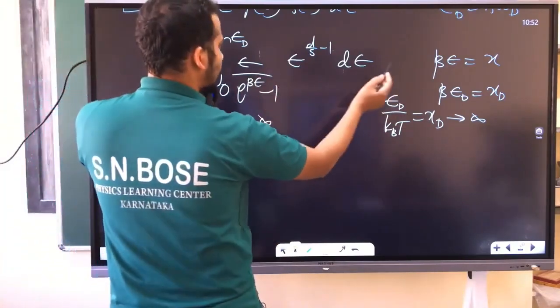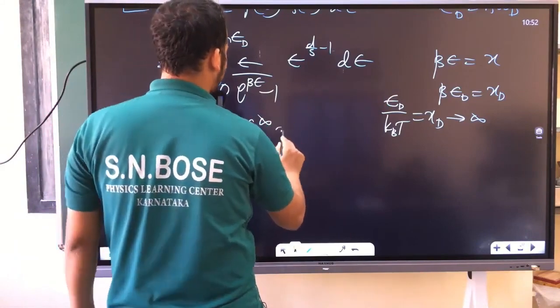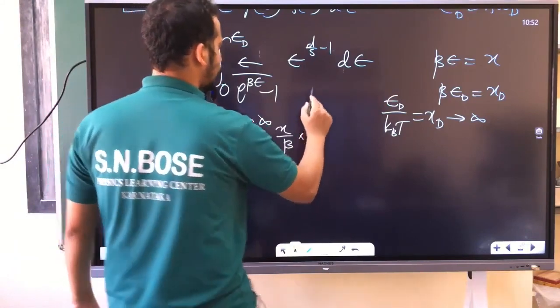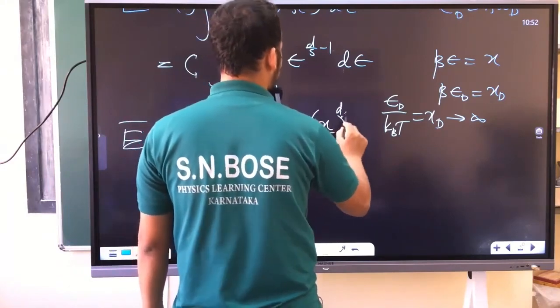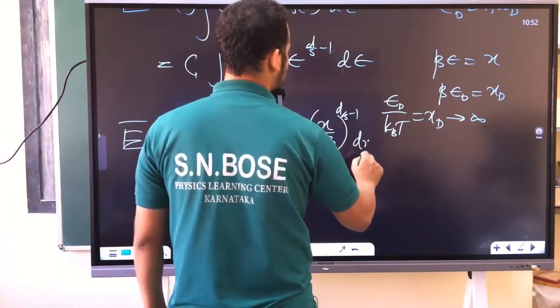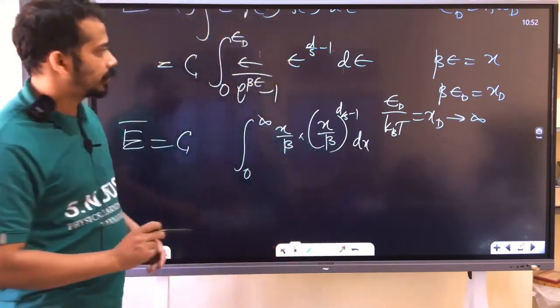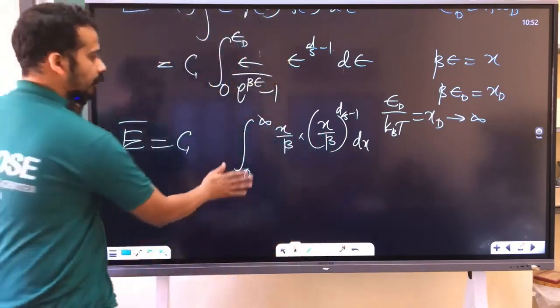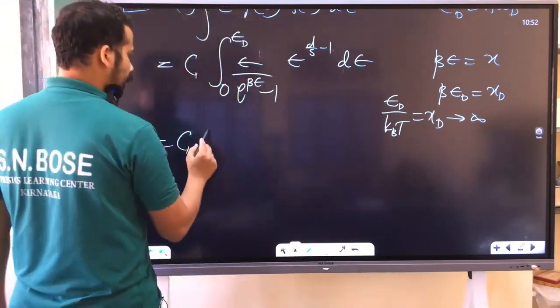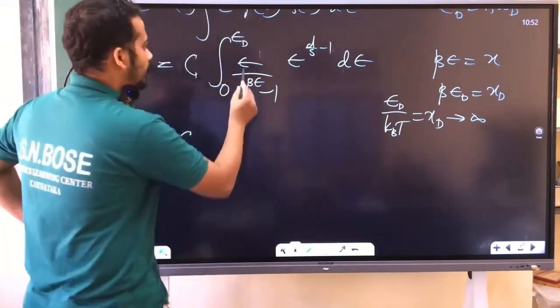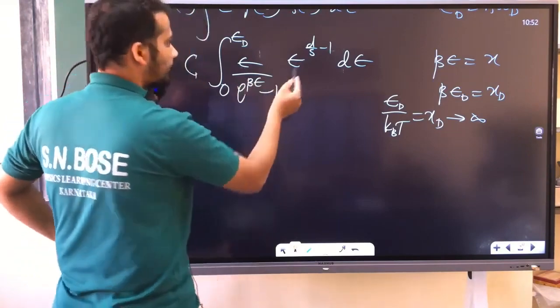So what is this one? E is equal to x by beta into x by beta whole power d by s minus 1 dx. Sorry, I need to take care properly. How do you do it? E into e power d by s, I can write e power d by s. Am I right?